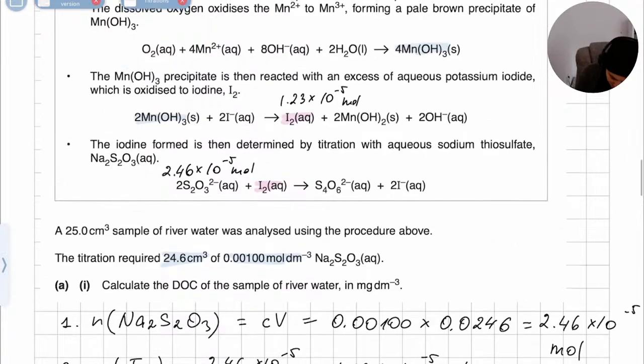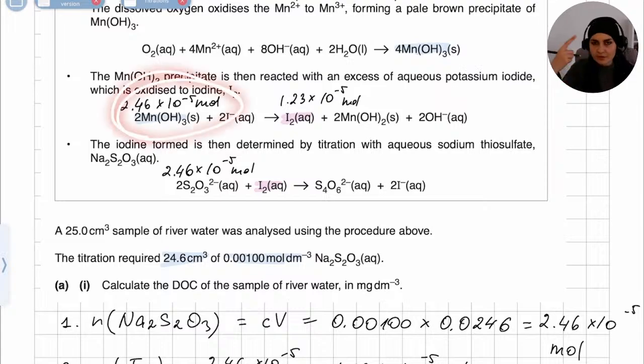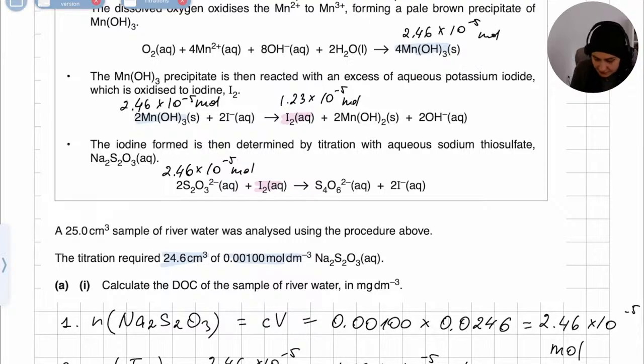And this is the same amount, so all those moles were formed in the first reaction. You see, I'm not taking into account the coefficients here yet. Because if it's 2 and this is 4, it doesn't matter because these are two different equations. I know that however many moles I formed in the first reaction, all of them were transferred there.